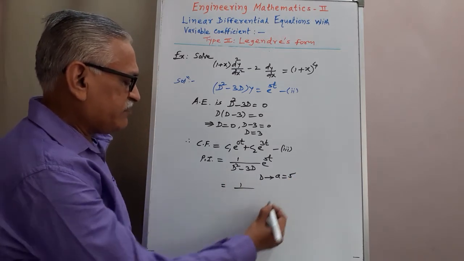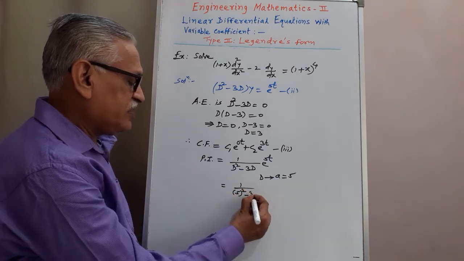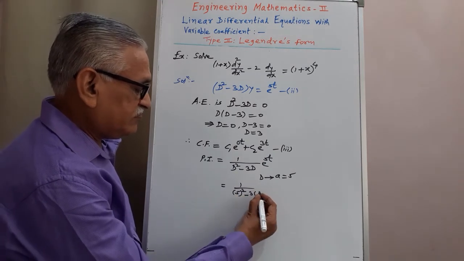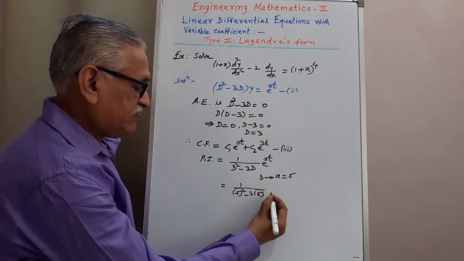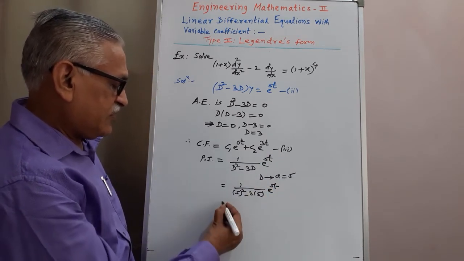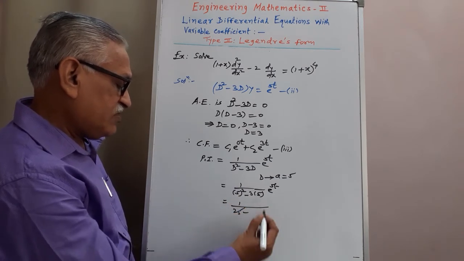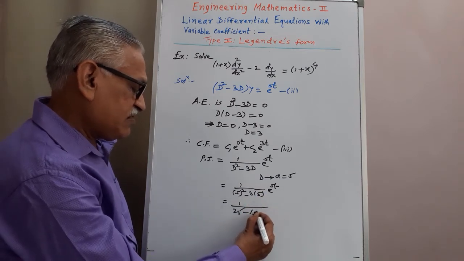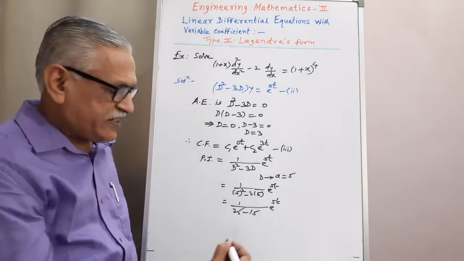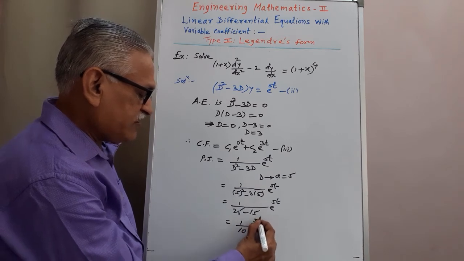We get 1/(5² − 3·5) e^(5t). Therefore, 5² is 25, 3 times 5 is 15, 25 minus 15 gives 10, and therefore it is (1/10) e^(5t).